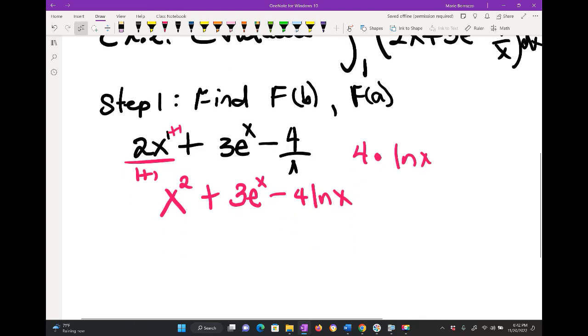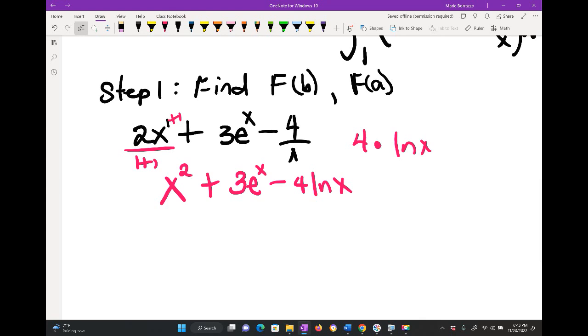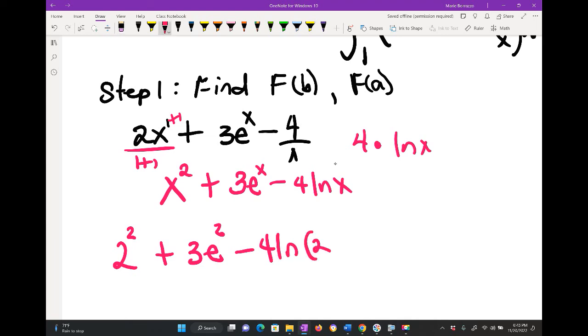So in essence, if I'm finding F of b, in this case b is 2, we're looking for 2 squared plus 3e to the 2 minus 4 natural log of 2, because I am evaluating for 2, minus whatever value this gives me for the 1.